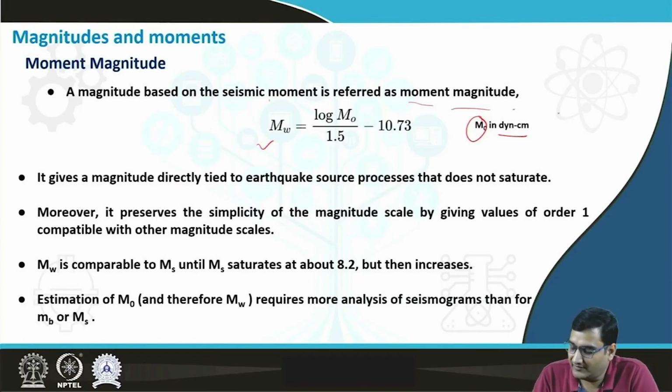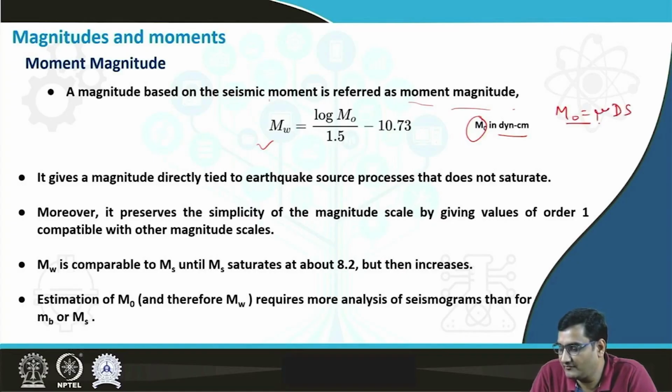M naught is basically mu D S, and this value depends upon the fault parameters, where mu is the shear modulus of the rocks around the fault, D is the slip along the fault, and S is the rupture area.